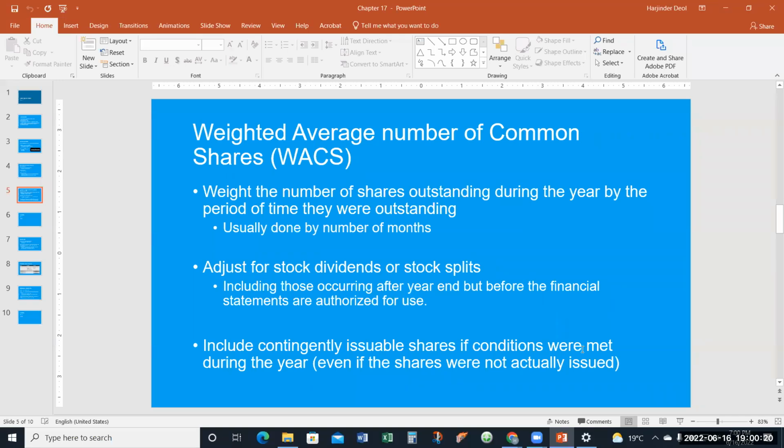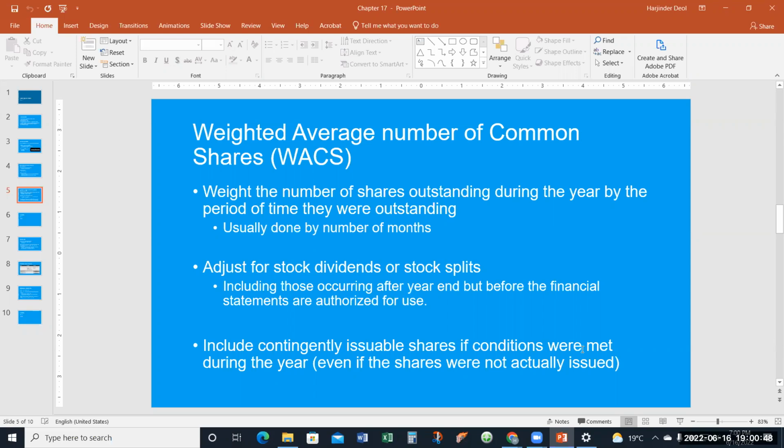And if the sales did go up by 10% during the year, it means that the particular contingency has been met, right? The conditions which would have called for additional shares to be issued, if they were met during the year, then regardless of whether shares were actually issued or not, we have to pretend as if those shares were issued when the conditions were met.